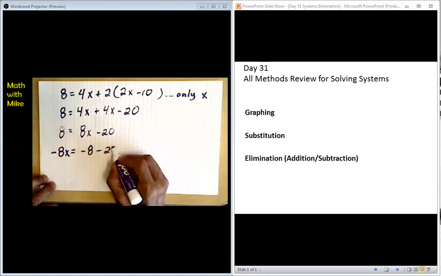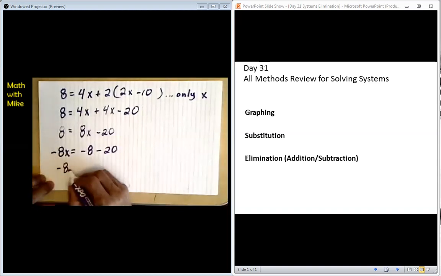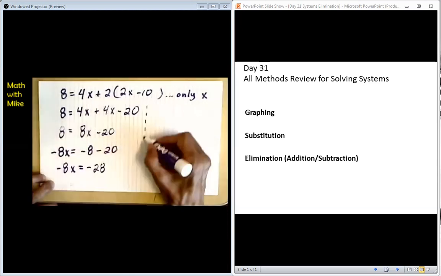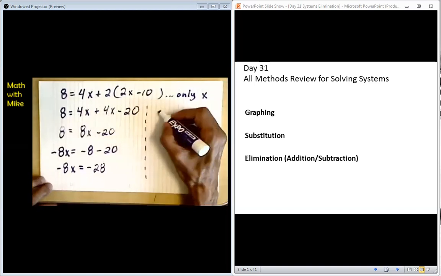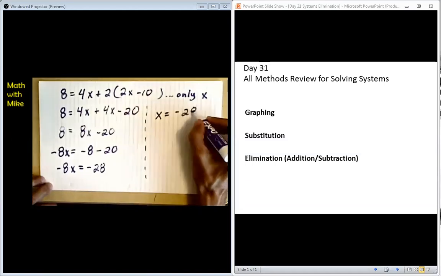Okay, big moment. What do we get now on the right-hand side? Minus 28 it is. So x by itself will equal, I'm going to keep those minuses until we think about them, okay?